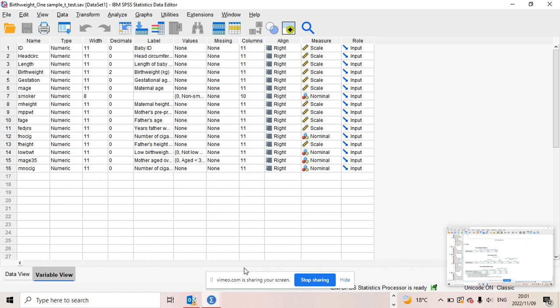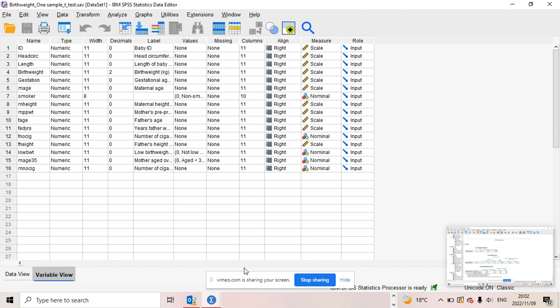As you do know, in SPSS, a window of this nature is called the data editor window. Below the data editor window, you have two icons, which provide you the means of visualizing whichever side of the data that you want to see.